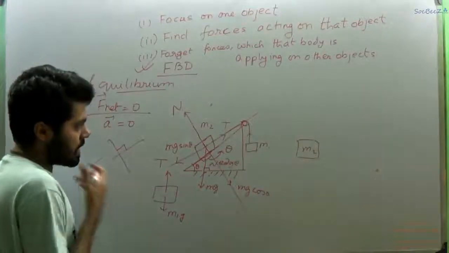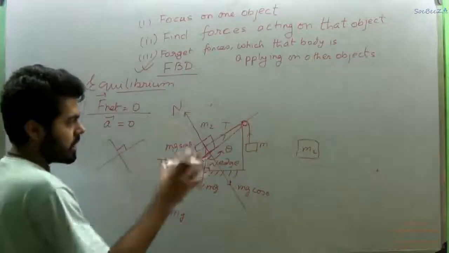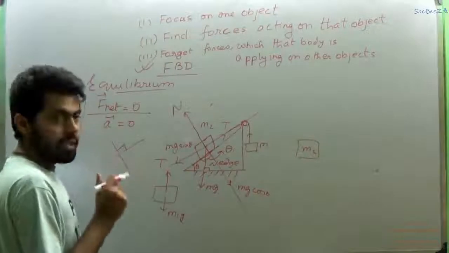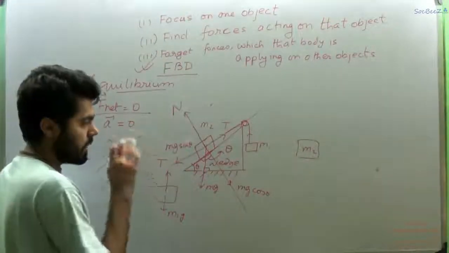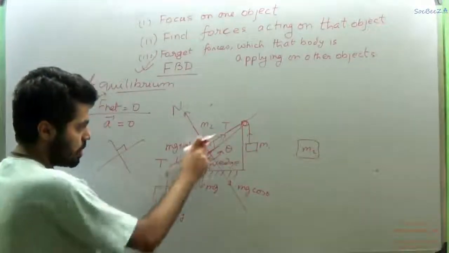Now it's being asked that the system is in equilibrium. If it is given that the system is in equilibrium, then all the objects which are part of the system are at equilibrium. It means M1 is not coming down, and M2 is also fixed.